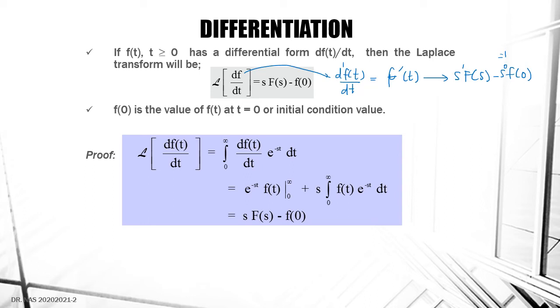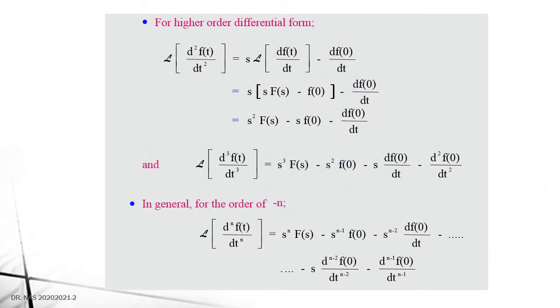Okay, when you check with first principle, when you perform integration of the differentiation function, you get the same answer as sF(s) minus f(0). For higher order differentiation, when you have the power of 2, it means your s should have a maximum power of 2, and then it is reduced to the power of 1, and then s to the power of 0.